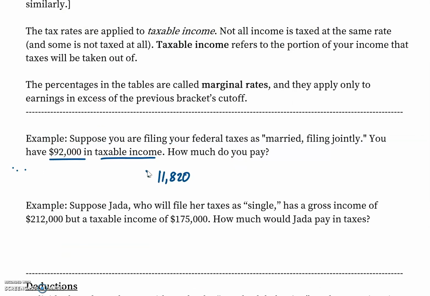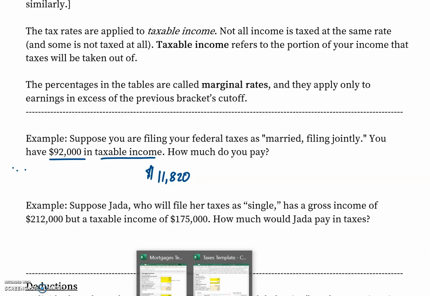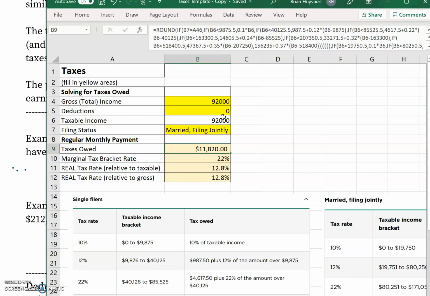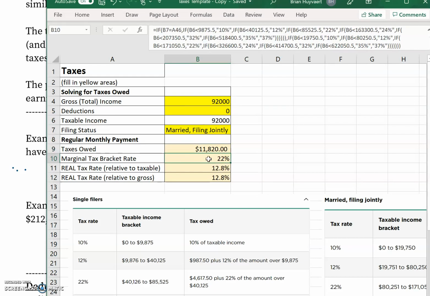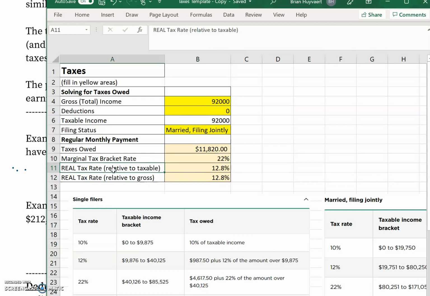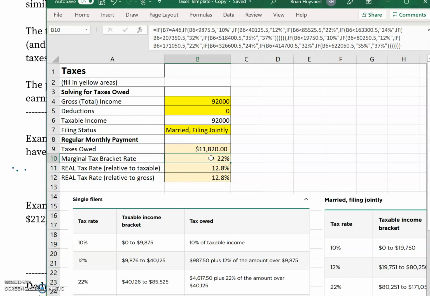in federal taxes. Now the thing I'd like to refer to is, well, hold on a second. We were supposed to be in the 22% bracket. How much did we actually pay? Well, our real tax rate relative to our taxable income here is 12.8%. So all that belly aching about, oh, I'm in the 35% bracket, let's just slow our rolls a little bit.